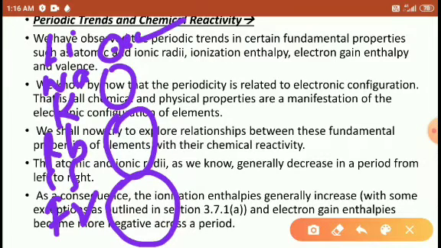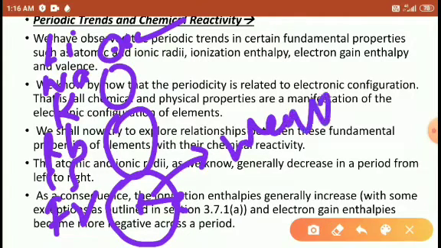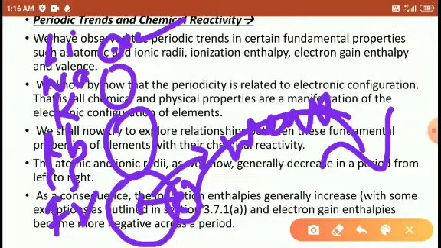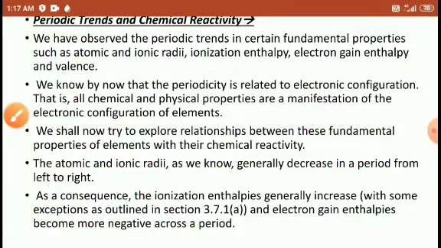Large atomic size means weak force of attraction between the electron and nucleus. If the force of attraction is weak, removal of the electron is easier. If the attraction is strong, removal of the electron requires more energy. Right, students?